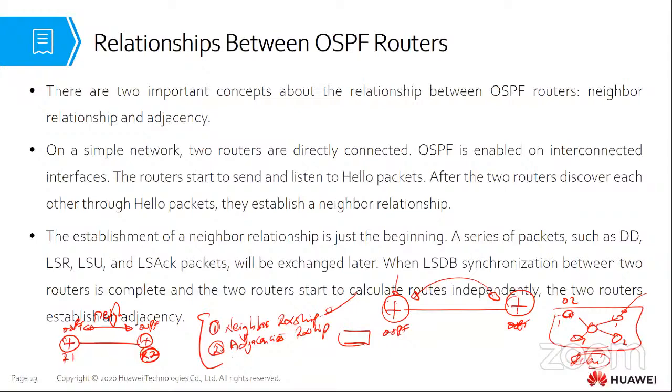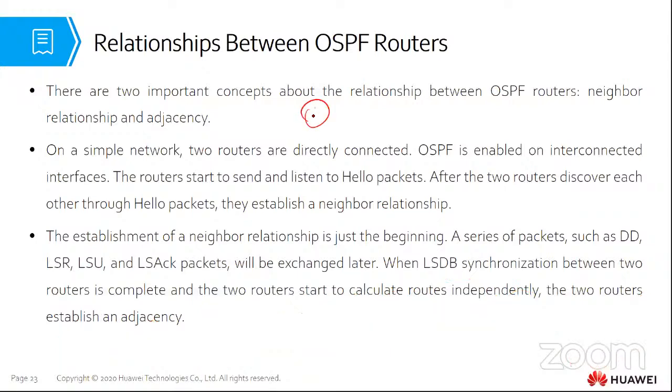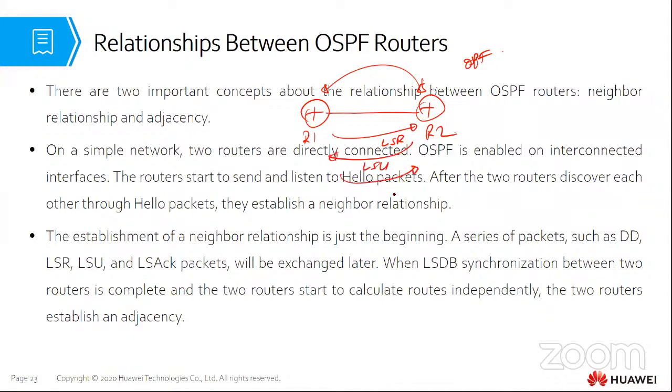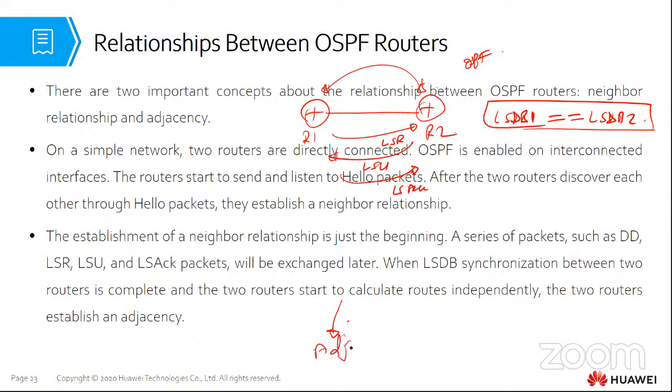Now, later on, depending on the role of the router in the OSPF protocol, we have talked about the fact that sometimes router 1 and router 2 exchange link state request, exchange link state update, exchange link state acknowledgement until the link state database of router 1 is exactly equal to the link state database of router 2. This procedure, ladies and gentlemen, moves us to the relationship we call an adjacency.